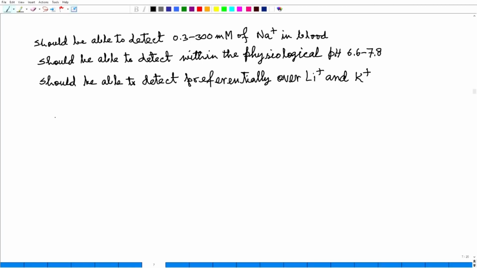So, lithium is the smallest cation and it should be really hydrated in cell in vivo. So, lithium discrimination is easier than potassium. So, here I will give you some very good examples of sodium sensors.